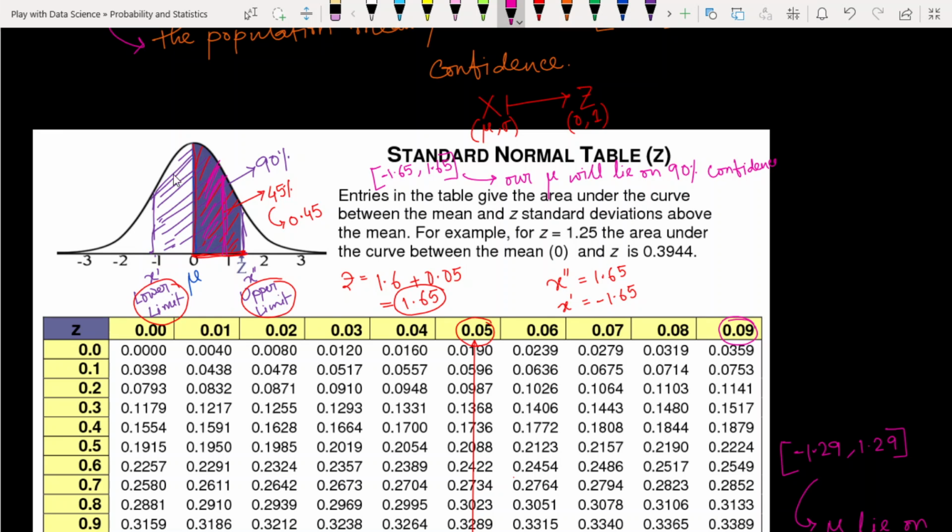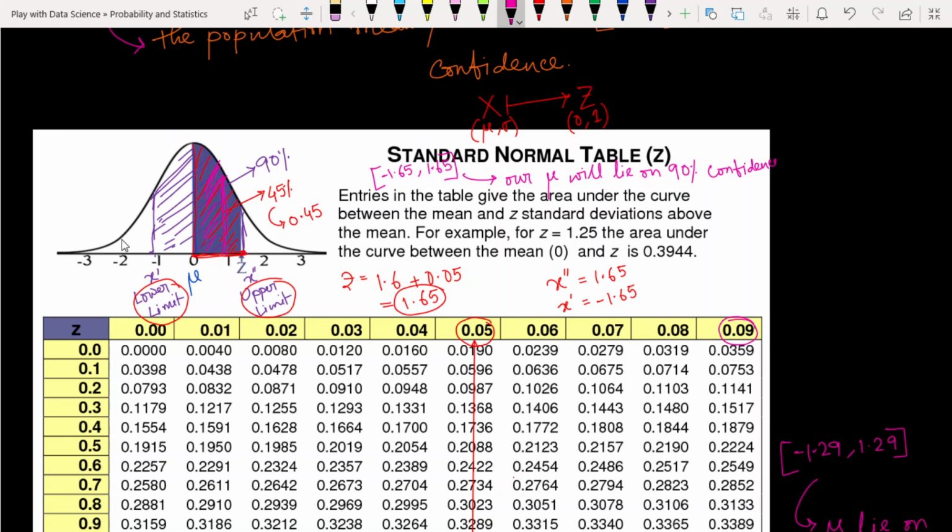The more of the distribution we take, the more confident we are about our population mean. If you close the area, our confidence in capturing the population mean is much reduced.